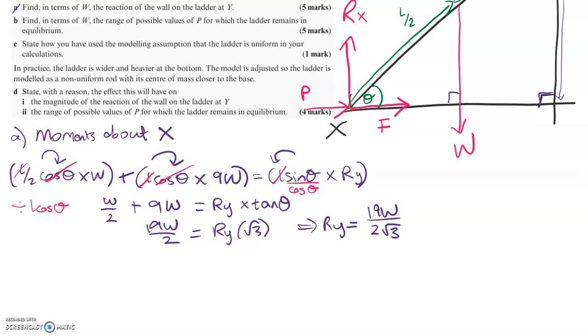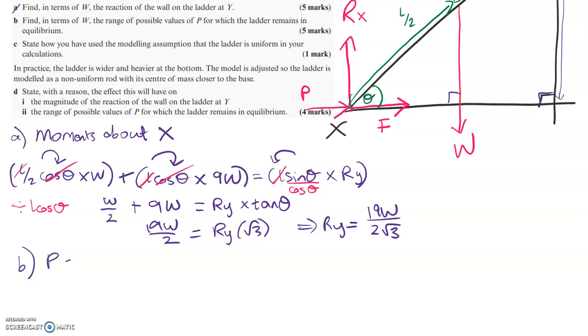Part B says find the range of possible values of P for which the ladder remains in equilibrium. Now, if the window cleaner's assistant is pushing quite hard on the bottom of the ladder, then you could say the ladder is about to slip up, so you'd expect friction to go to the left. So let me write that down here.